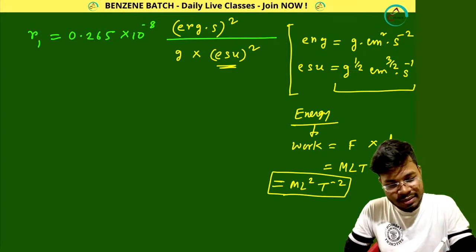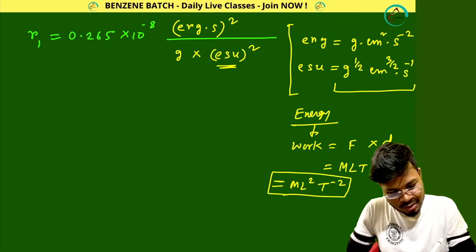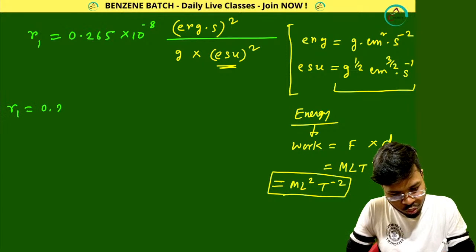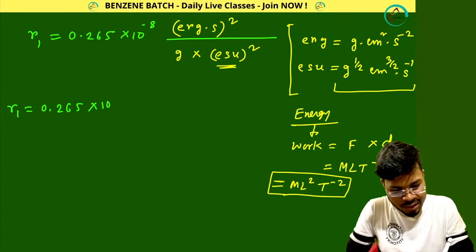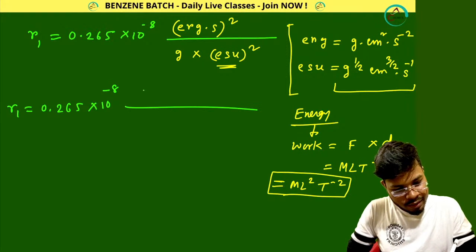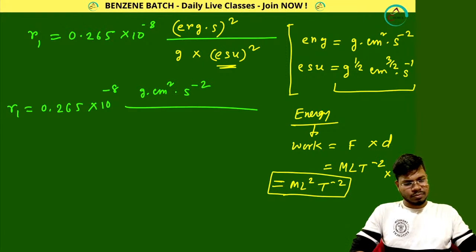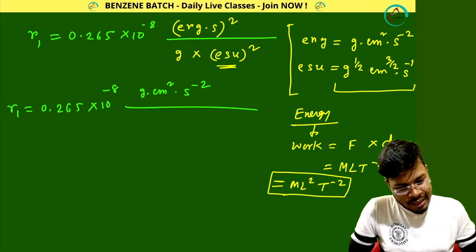Now we just need to put in the value. R1 is equal to 0.265 multiplied by 10 to the power minus 8. Then I put erg, which means gram centimeter square second to the power minus 2.